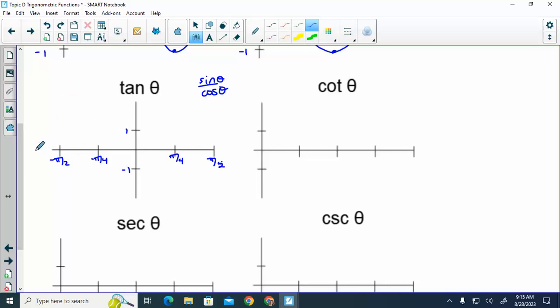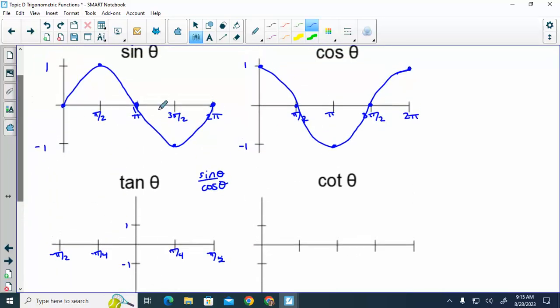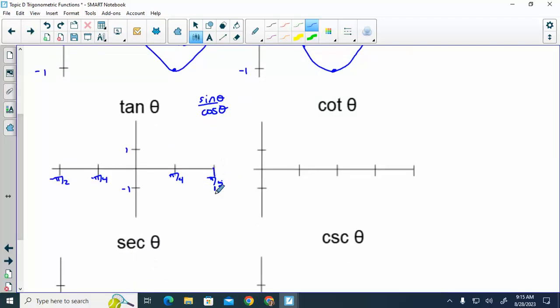Because if you think about 90 degrees, cosine of 90 is 0. So tangent is undefined here. And that would also be true at the negative 90. So we did this interval because then we could put the asymptotes at the end.